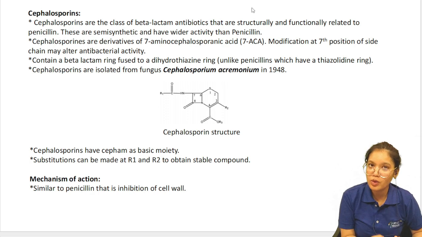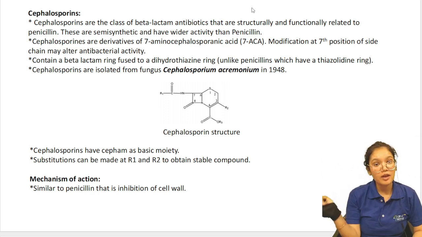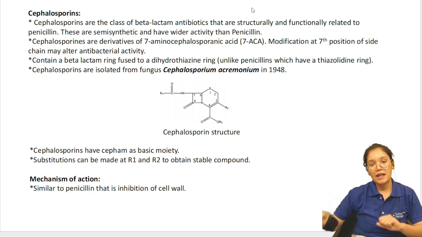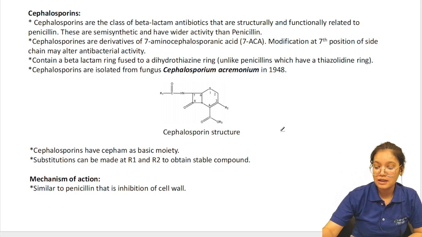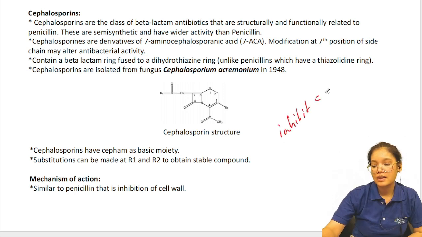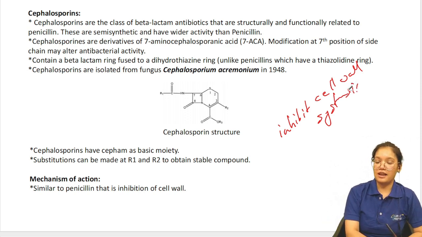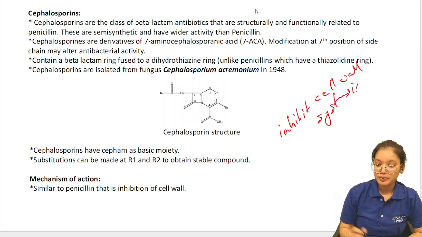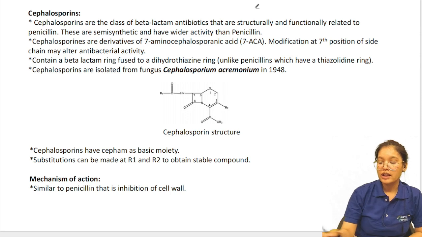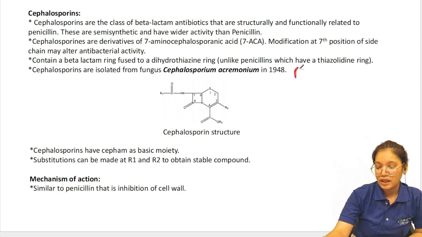Cephalosporin has a similar mechanism to penicillin, that is to inhibit the cell wall synthesis of the bacterial cell. Cephalosporins bind to the penicillin binding protein.